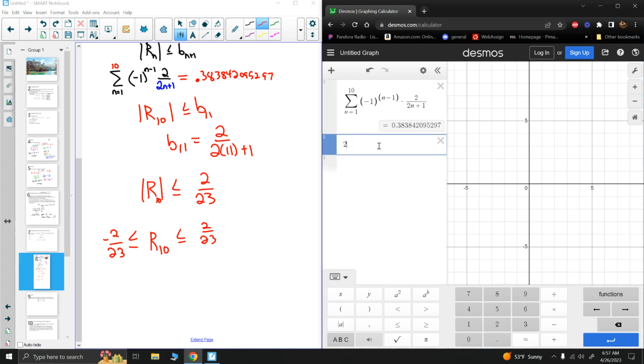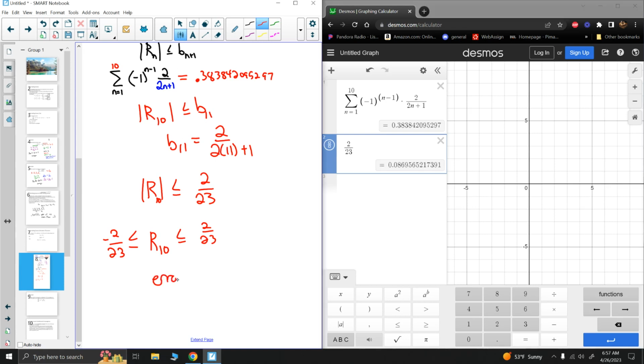So if we take a look at that 2 over 23, that means our error is plus or minus this 0.086956217391. We often would just say that the error rate is that, but it's important to note that this is our approximation, but we could err plus or minus that quantity, this portion here.